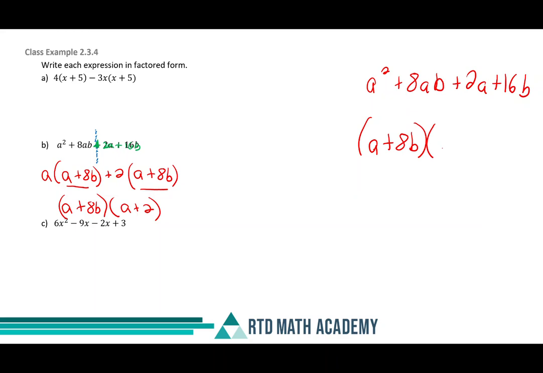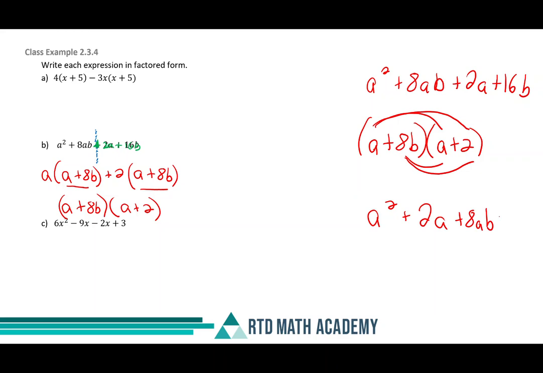I'm going to multiply that by a plus 2. I'm going to use the claw method this time, or FOIL. A times A is A squared. A times 2 is 2A. 8B times A is 8AB. And 8B times 2 is 16B. And I can see I got back to my original question.